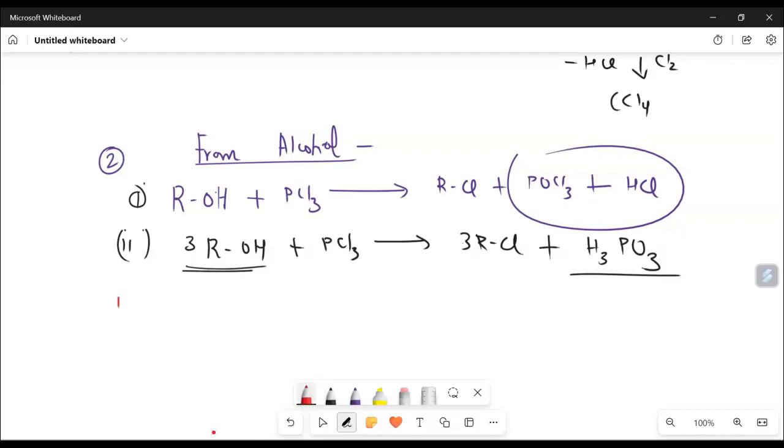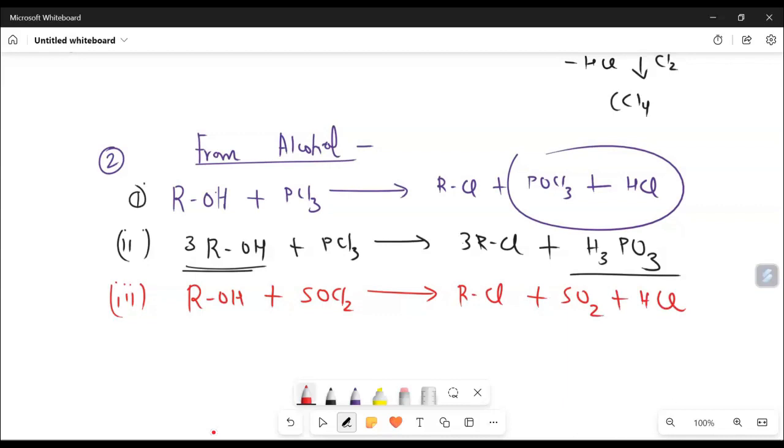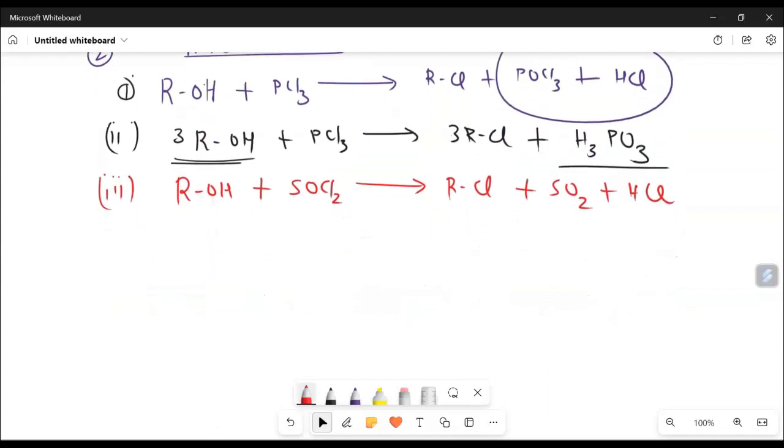The third method in this is from alcohol ROH, when SOCl2 is added to it, it will form RCl. That's our product. And the SO2 gets released plus HCl. So you can go through the mechanism also. This is the reaction done. Let's go with the reaction and the mechanism of this method.